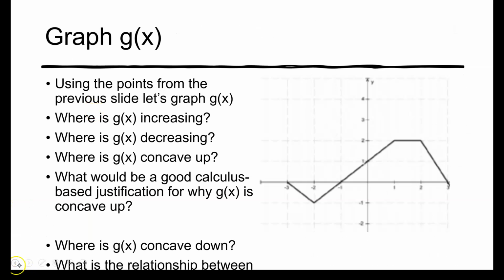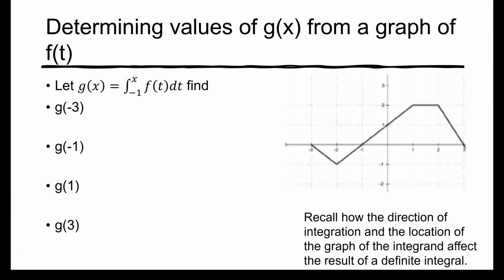So g of -3 would look like the integral from -1 to -3 of f of t dt.